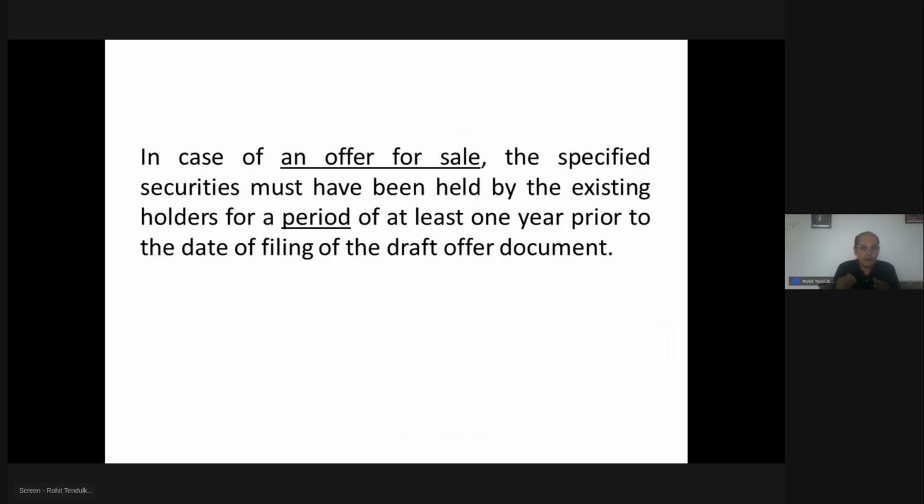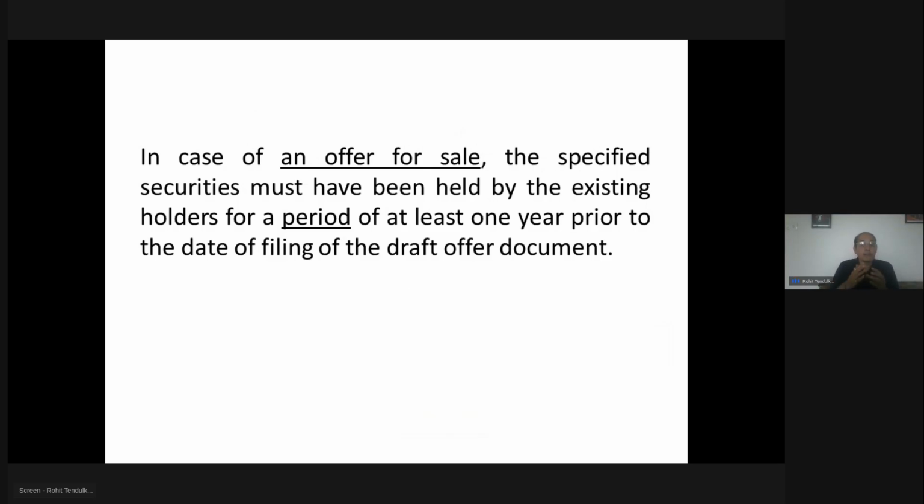In case of an offer for sale, the specified securities must have been held by the existing holders for a period of at least 1 year prior to the date of filing of the draft offer document. So normally what happens, startups, stand-ups, these guys are interested in raising funds for their operational part.